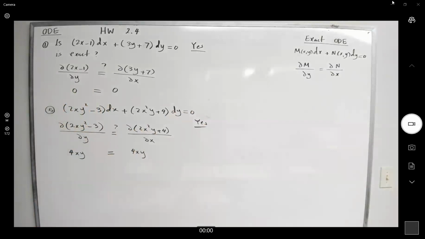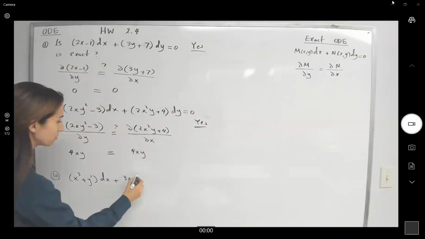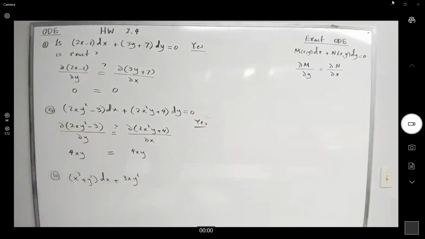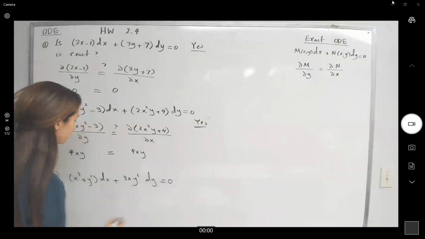Let's take a look at number 10. Number 10 says, here we have (x cubed plus y cubed) dx plus 3xy squared dy equal to 0. The same process.